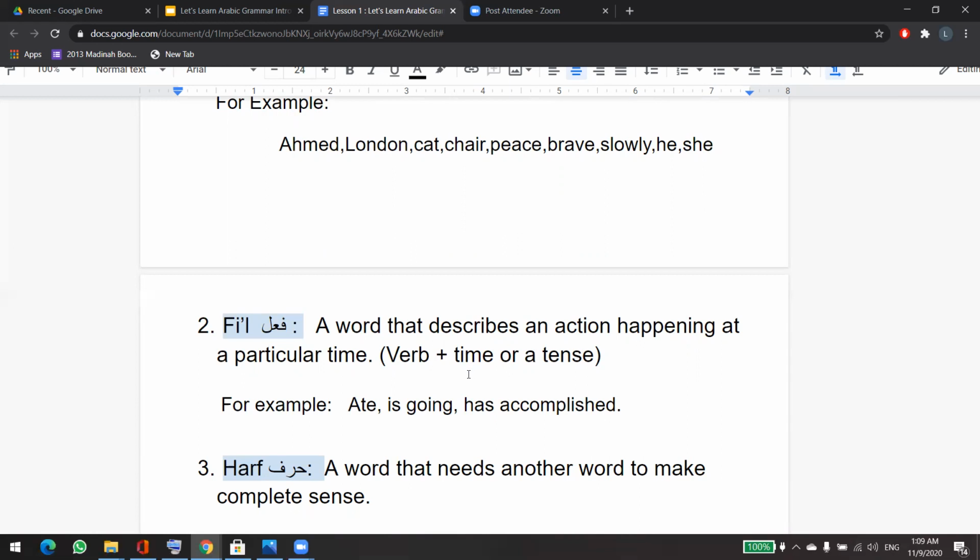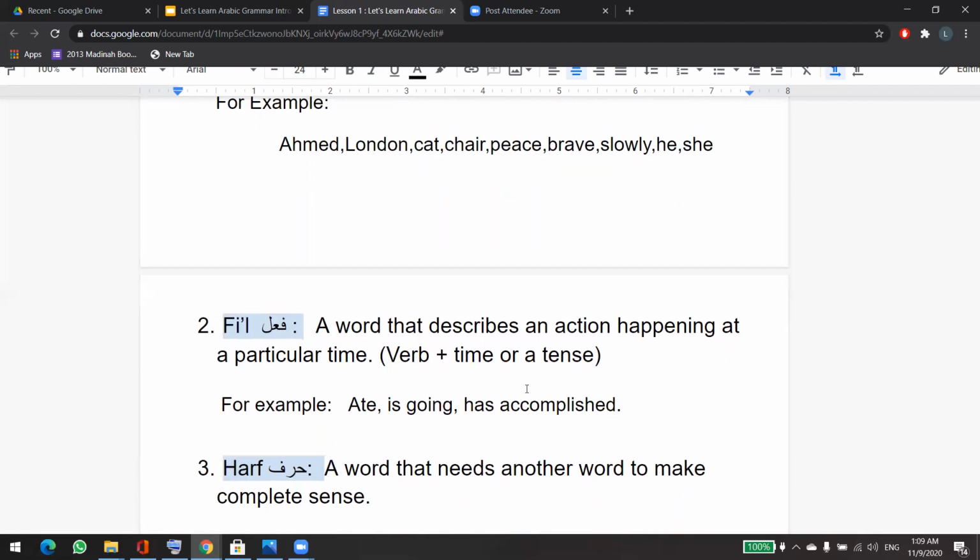So when there is a mention of time with the action, then it's a fail. For example, ate, action has happened in the past, is going, present tense, has accomplished, present perfect. So if there's a tense, with a mention of time, then it's a fail.